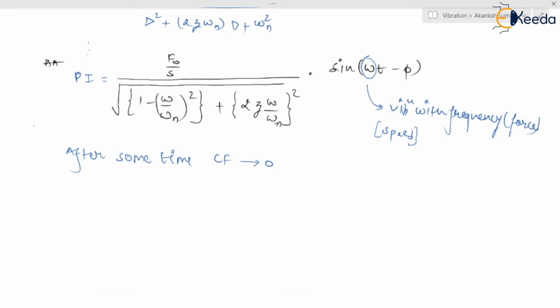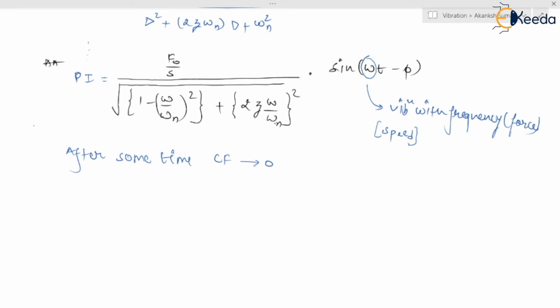That was the complementary function, but we know the complementary function is a decreasing exponential function with time. So after a very short time, the complementary function becomes zero and the particular integral remains constant. Remaining constant means I'm talking about the amplitude.